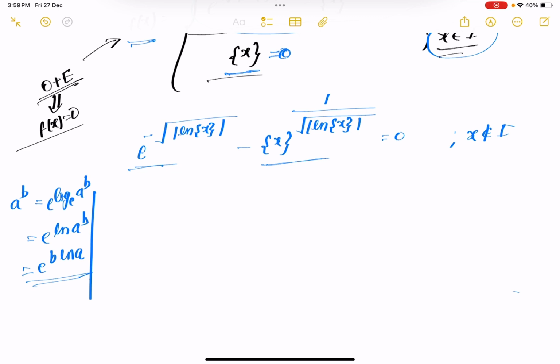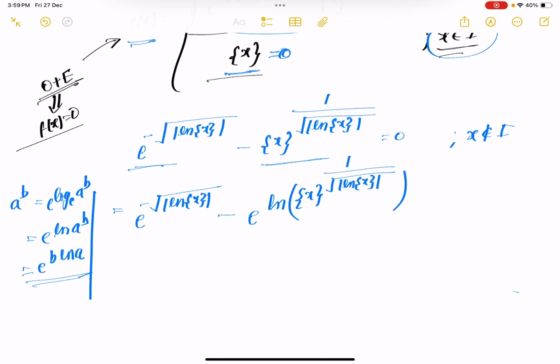So according to this property I can write e to the power mod of ln x, and this can be written as e to the power ln of the fractional part of x to the power 1 by mod of the fractional part of x, which will be under the square root.